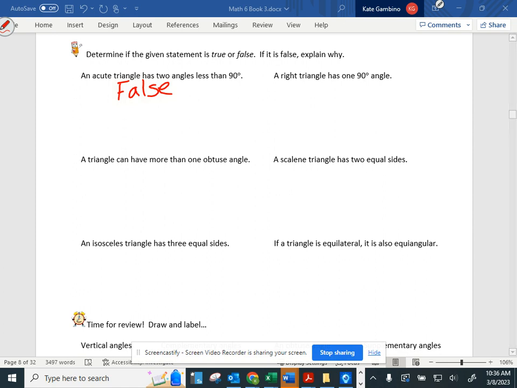Because it needs three acute angles. So you have to write a reason why.